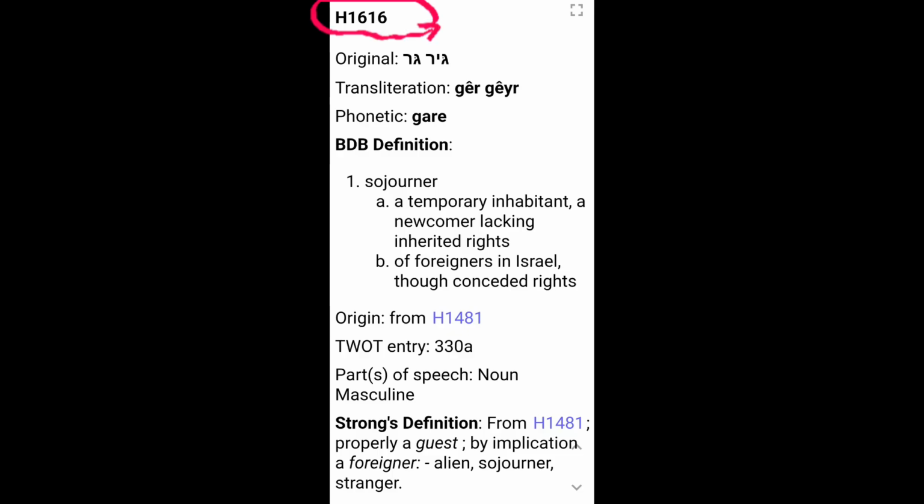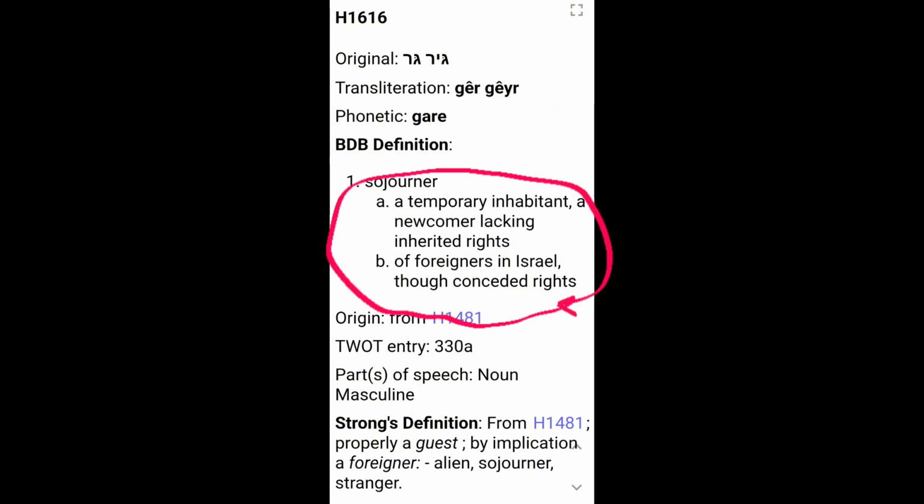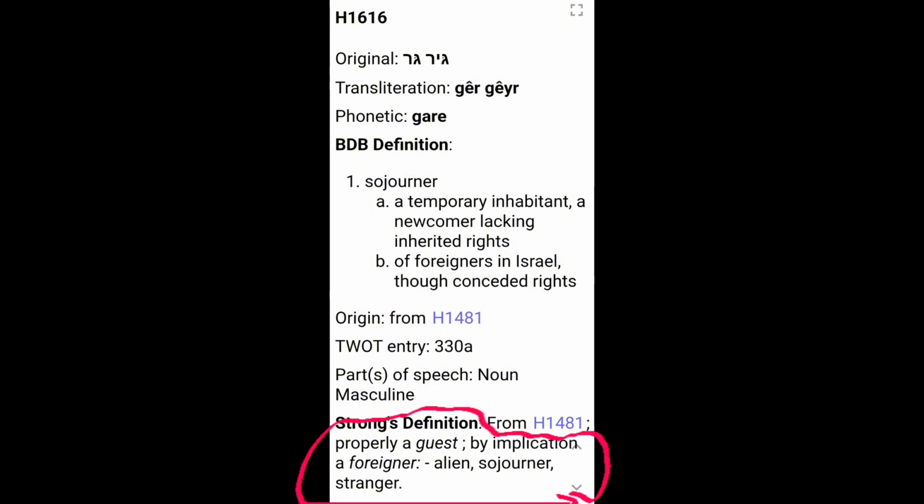H1616 is Gimel, Yod, Resh, or Gimel, Resh, Ger, and it means sojourner, a temporary inhabitant or foreigner. Strong says properly a guest or a foreigner, an alien, a sojourner, a stranger.